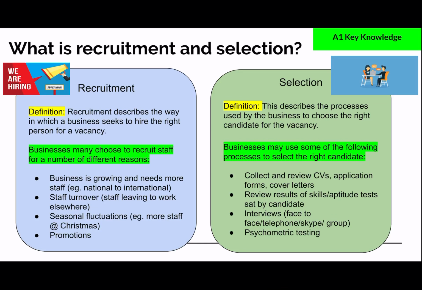These can happen over the phone, over Skype, or face-to-face, and they may go one step further and ask a candidate to do some psychometric testing. Essentially this will find out whether that candidate is the right type of personality, if they have the right type of ethos in order to fit in with that business's culture.